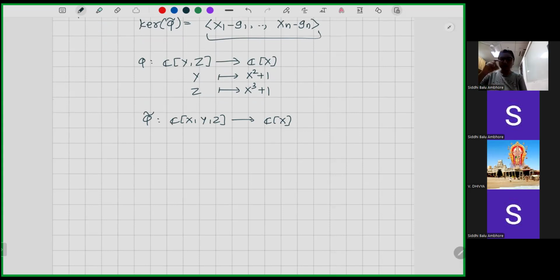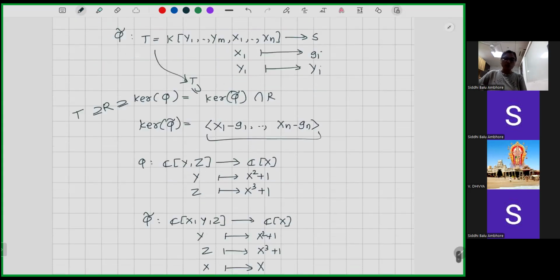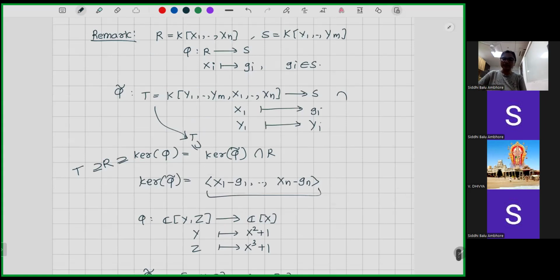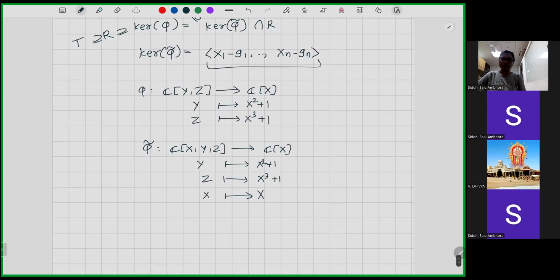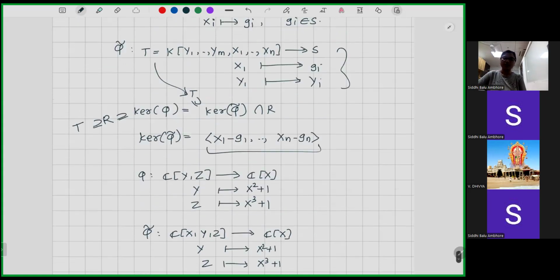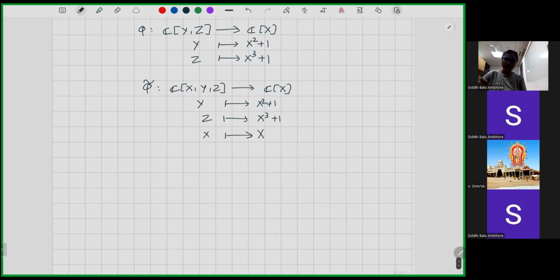Now this map is such that y goes to this, z goes to this as we have, and now my x goes to x. So it looks like this map, right? And in this case, what is the kernel? It is all these xi minus gi terms. So therefore the kernel of phi tilde is generated by y minus x square minus 1, and z minus x cube minus 1.